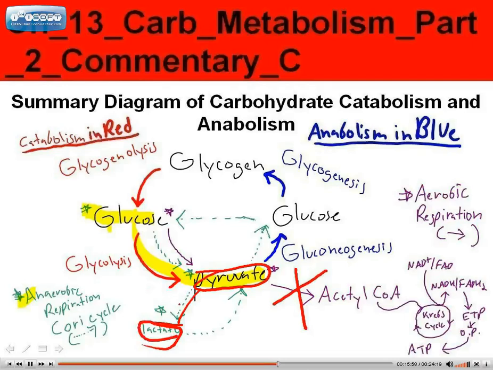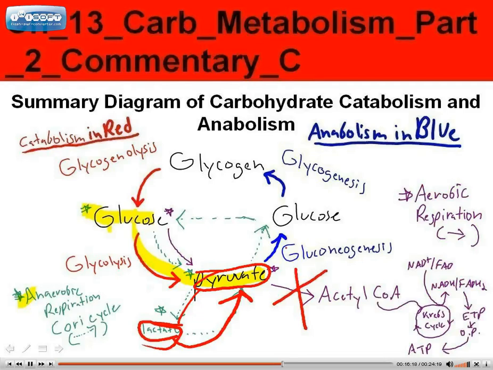And that's how it temporarily gets its energy. Keep in mind this is very temporary. The lactate has to be regenerated back into pyruvate at a later time. Otherwise the lactate starts to build up.